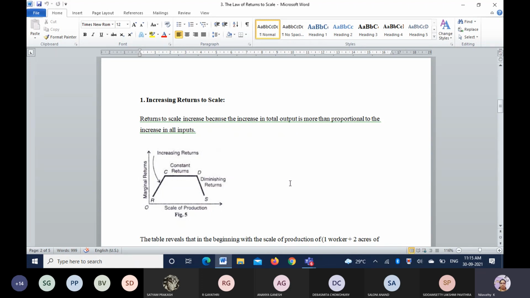Another point is that the agriculture sector will be facing this diminishing returns. Why? Because here the fertility of the land is also important. Once the land is cultivated, it loses its fertility, its capacity.